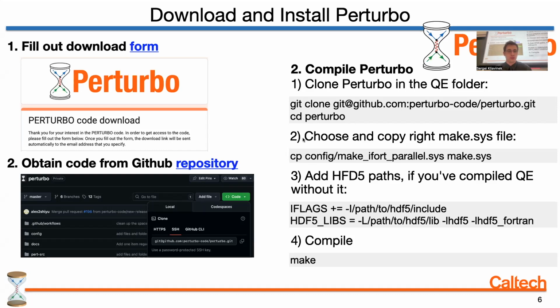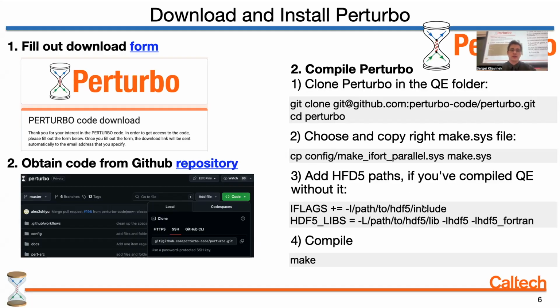In the Perturbo folder, you have the config folder, this one, and it has sets of predefined make files for different compilers, for the Intel compilers, for the GCC set of compilers, and so on. You can choose whatever is suitable for your machine. In some cases, you need to change it a bit, but I would say that for Perturbo, the installation procedure is the most straightforward among all of the packages which I mentioned earlier.